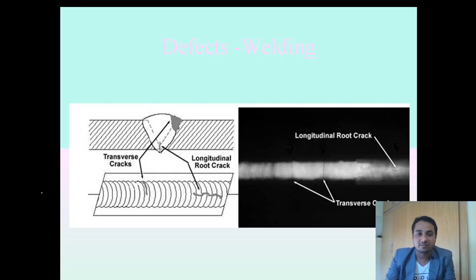The crack may be of two types: transverse crack and longitudinal crack. This is a transverse crack and this one is along the length, which is why it is called a longitudinal crack. Here you can see the transverse crack. This will be a very fine line. You have to be very careful while reviewing the film.